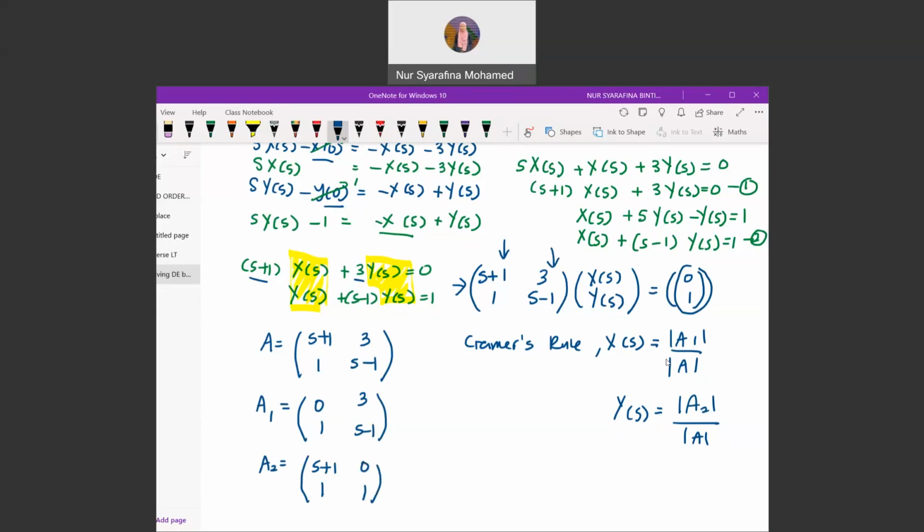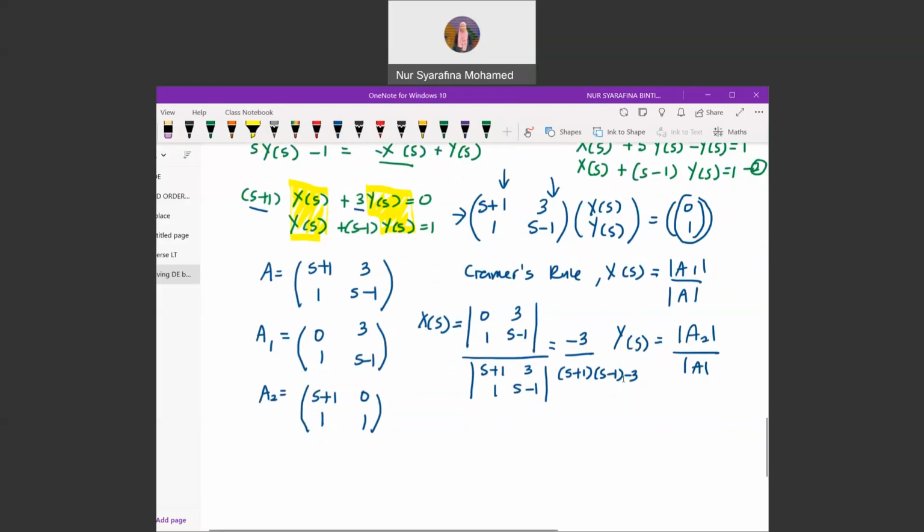So in order to get Xs and Ys, we just have to find the determinant of A1 divided by determinant of A, which gives you 0 minus 3, so minus 3, over (s plus 1)(s minus 1) minus 3. So this is Xs. Later we simplify.